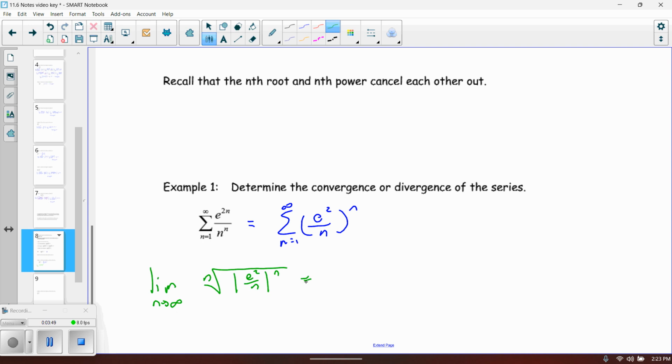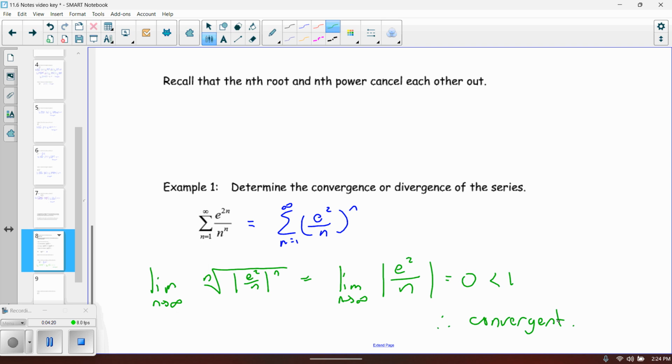Well, remember that the nth root and the nth power are basically going to cancel each other out, so we're going to end up with the limit as n goes to infinity of the absolute value of e squared over n. e squared is a constant, n is going to grow, therefore this is going to approach 0. 0 is less than 1, and therefore we have a convergent series, just as we hypothesized.